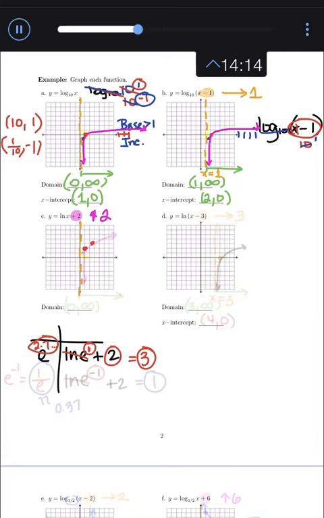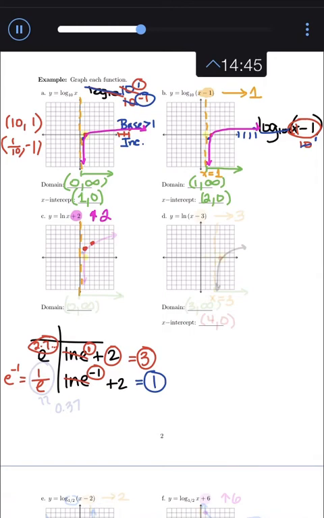Okay. What's another thing that we can plug in is 1 over e, or e to the negative 1. And the reason why that one will also help is because, again, if I do ln of e to the negative 1, or 1 over e, what will happen is that ln and the e will cancel out, leaving you with the negative 1. You still have that plus 2 after, so negative 1 plus 2 is going to give us a positive 1.